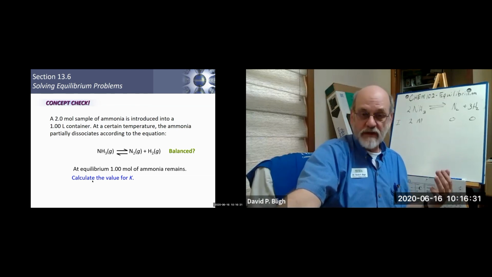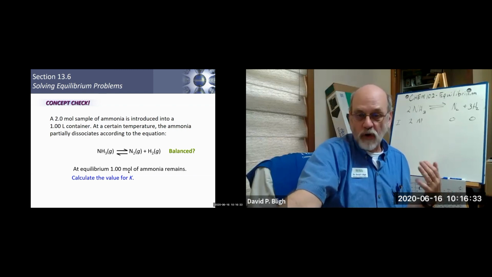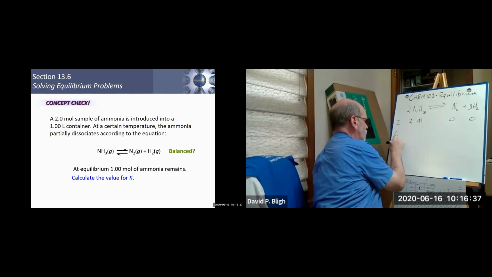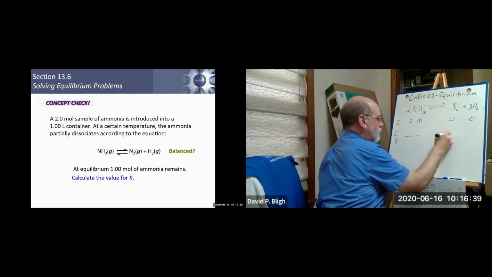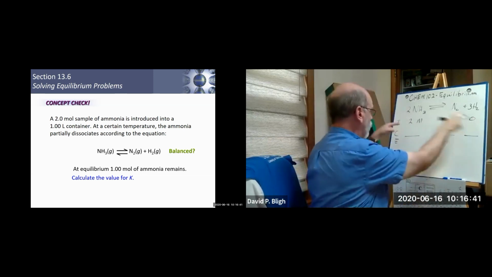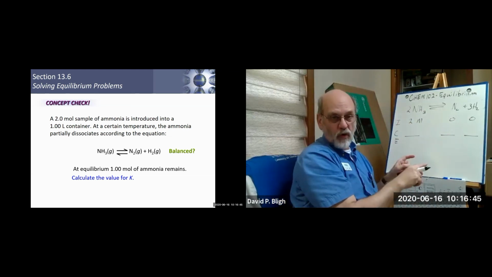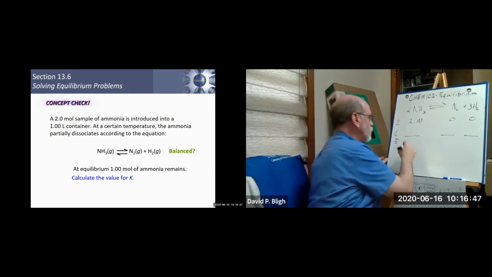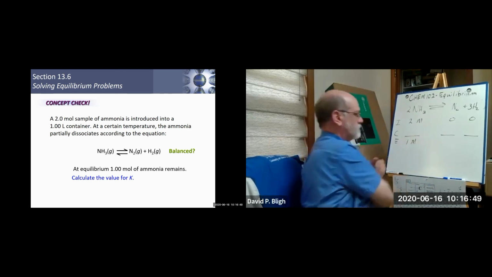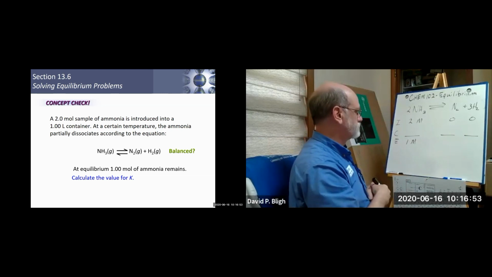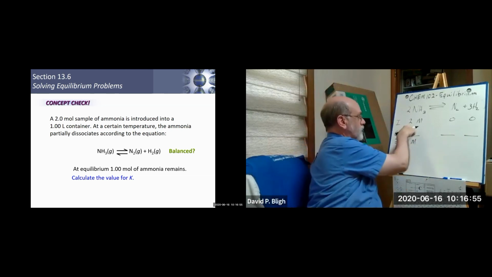But we are given, at equilibrium, 1 mole of ammonia remains. So 1 mole of ammonia remains here in what? 1 mole in a 1 liter container is 1 molar. Okay? So how did we get there? Well, we lost a mole.